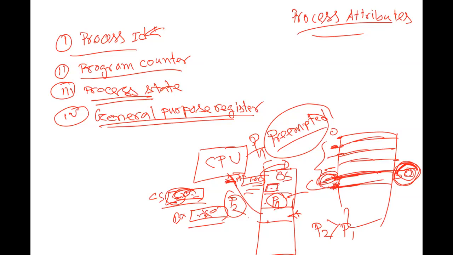So when P1 is scheduled again for execution, the saved values are also loaded into the registers, the values stored for this process during its earlier execution. Then it starts execution. These are the purposes of the general purpose register attributes for a process.